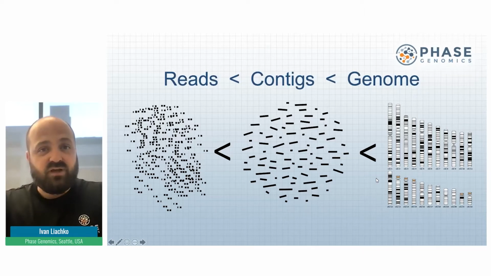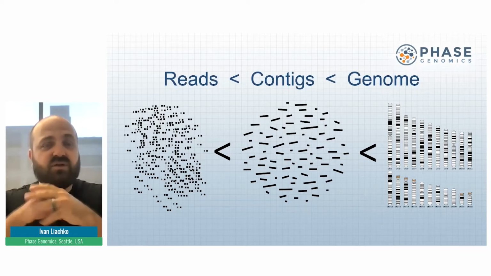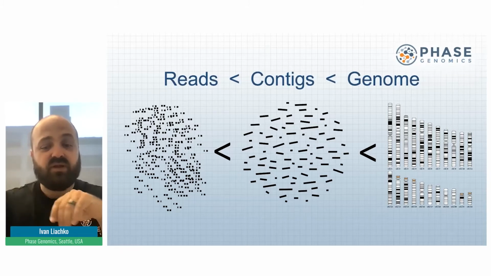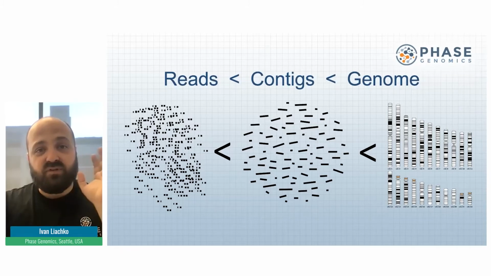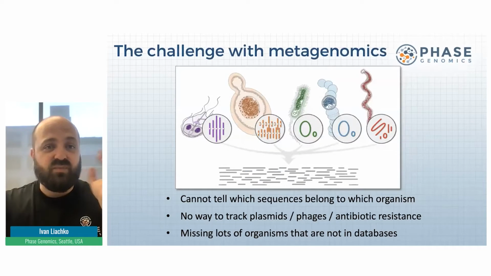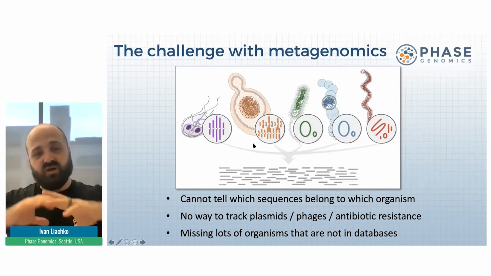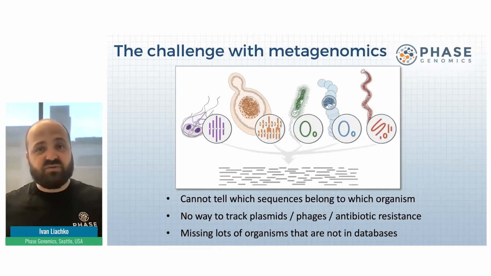This is difficult enough when you're dealing with a single organism like a plant or a human, but it's even harder when you're dealing with metagenomics. The challenge is that you now have a complex community with many genomes all together. You have sequences coming from different organisms, and you don't necessarily know where they're coming from.